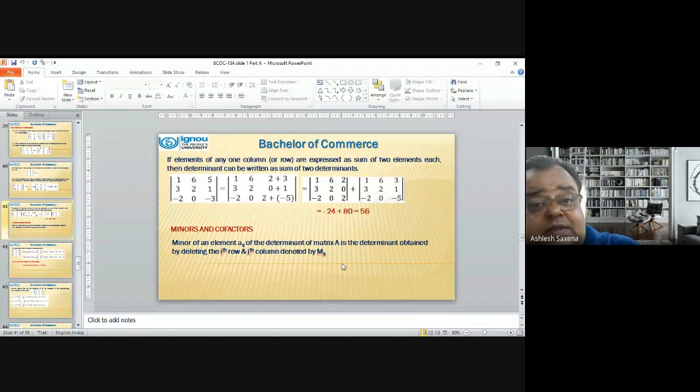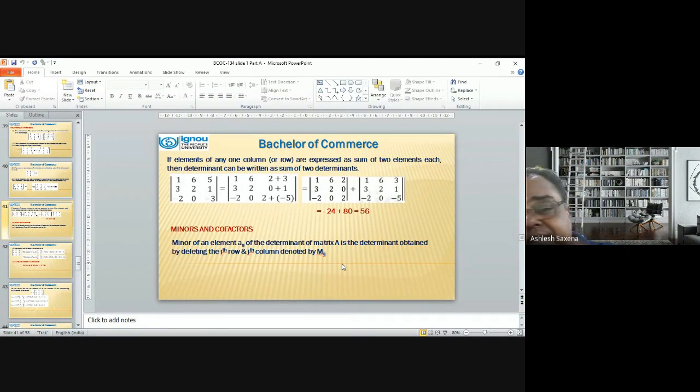Now, if elements of one column are expressed as the sum of two elements each, then the determinant can be written as the sum of two determinants. You can see over here, your original matrix is 1, 6, 5, 3, 2, 1, minus 2, 0, minus 3. One of my learners wants column number 3 to be split up.